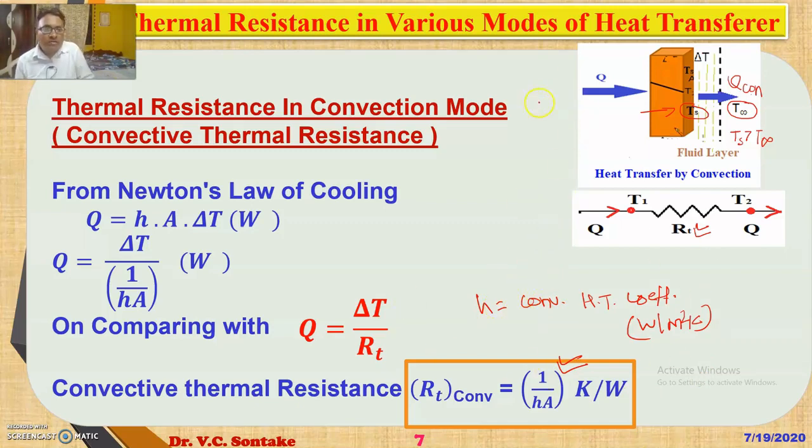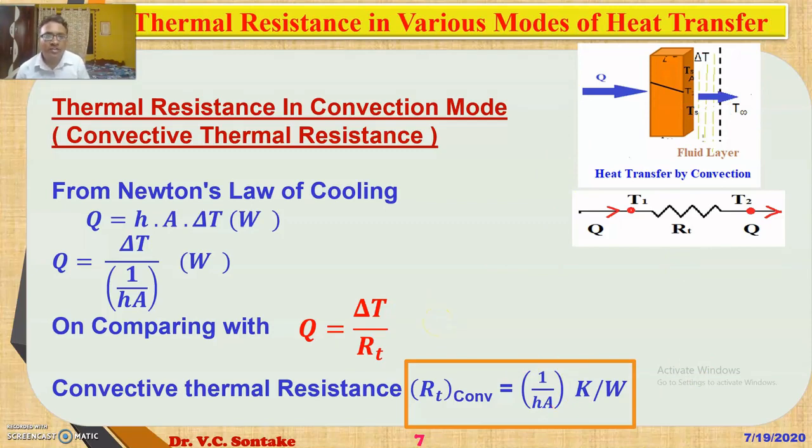Now here consider heat transfer rate by combined mode of heat transfer. From this face to this face, obviously by conduction, and from surface of the body to the fluid surface by convection. So what will be the total resistance of this phenomenon? When heat transfer takes place from face 1 to face 2, it will be by conduction.